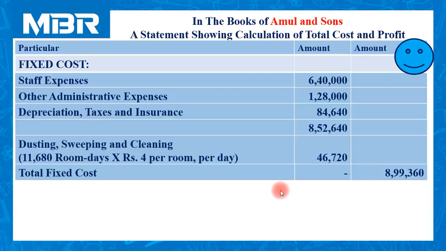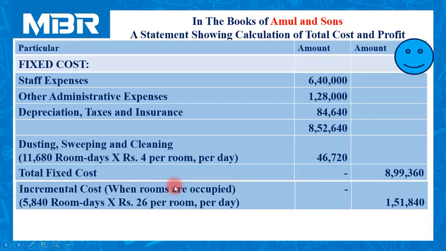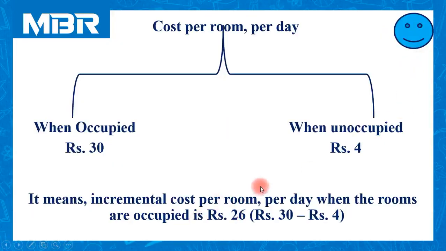Let us move to the last and final item of the cost, which is the most important for us, and it is all about incremental cost. Incremental cost is applicable when rooms are occupied. Just refer to the earlier calculations that we have done over here.